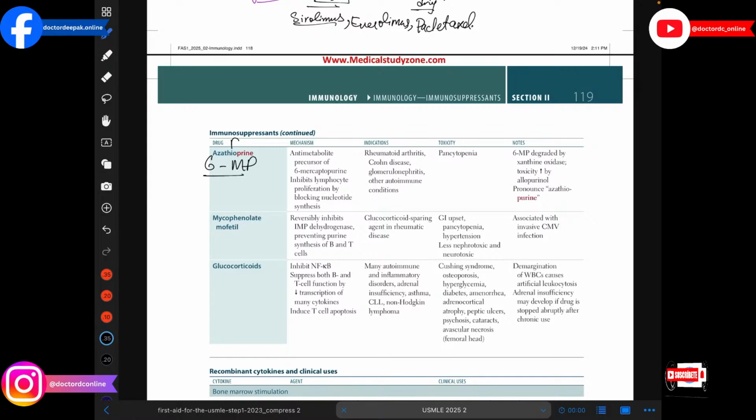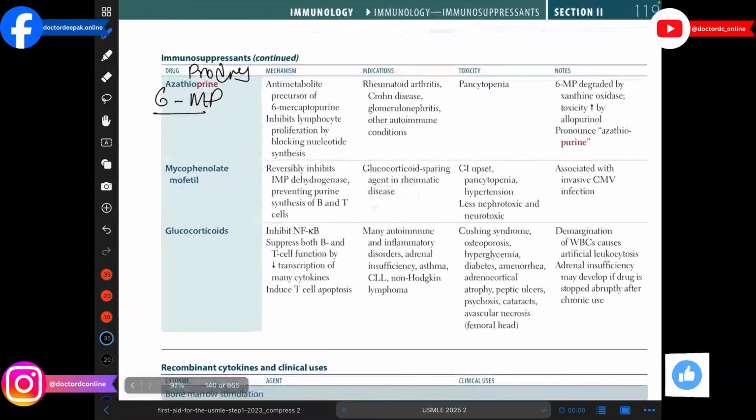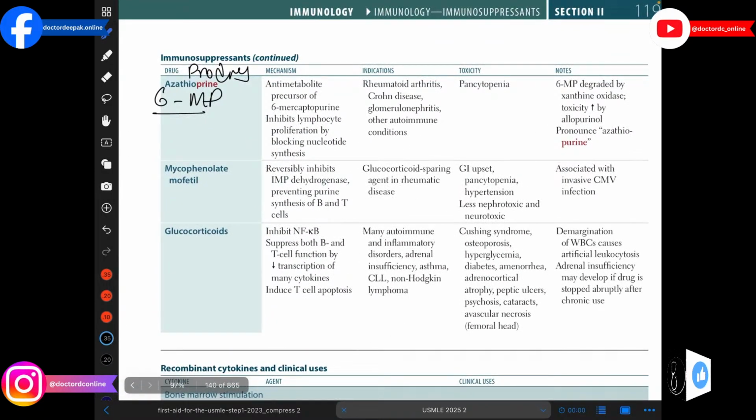It is an analog of hypoxanthine, like the purines adenine and guanine.